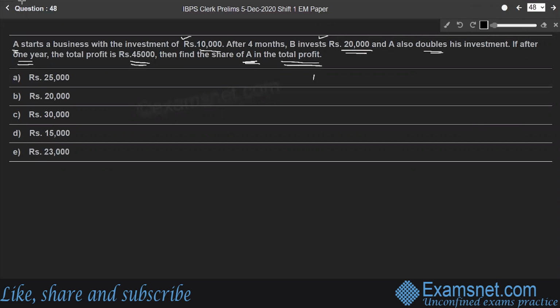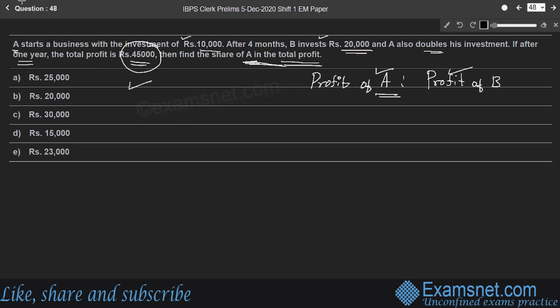If we find the ratio of profit of A to profit of B, then we can find profit of A because the total profit is given.